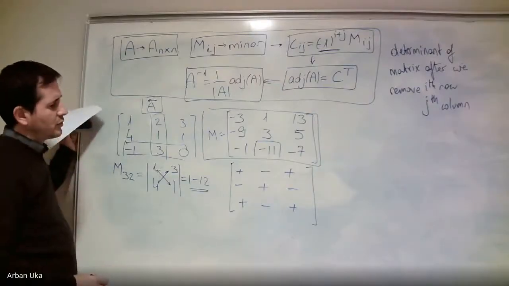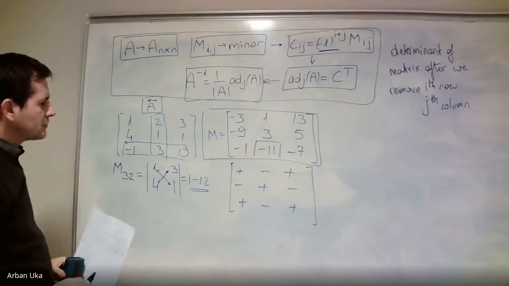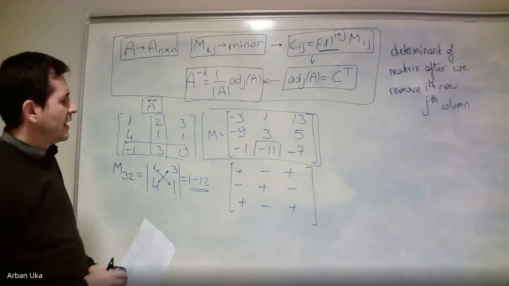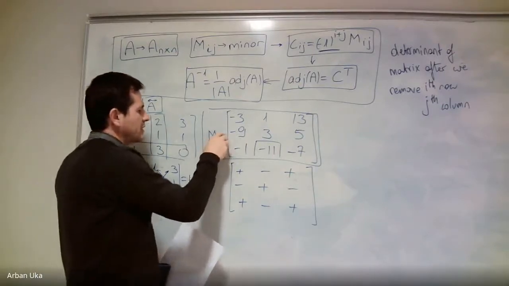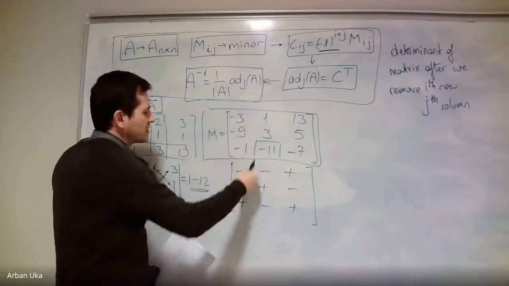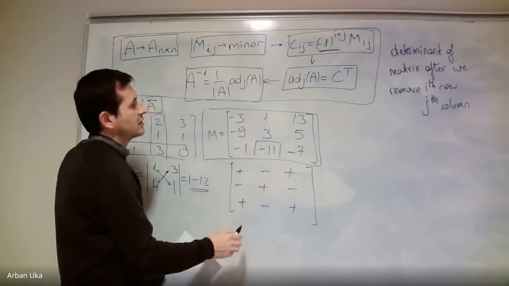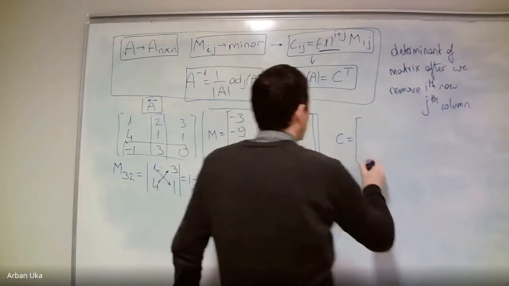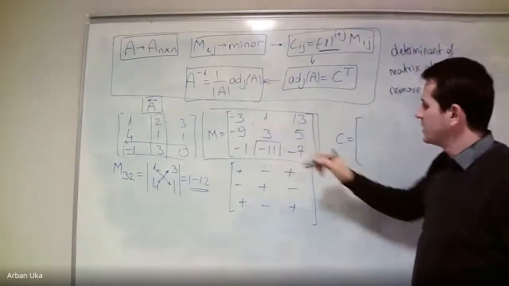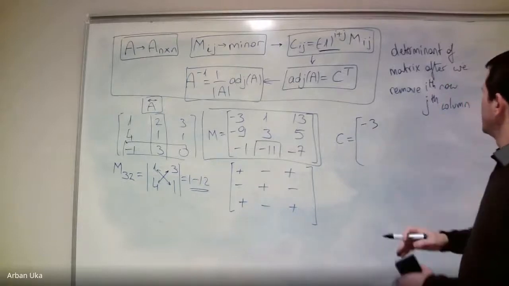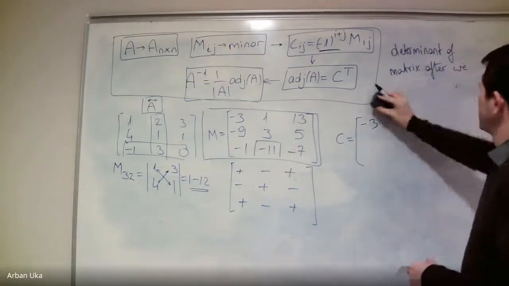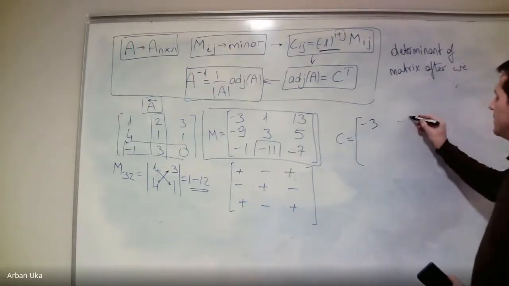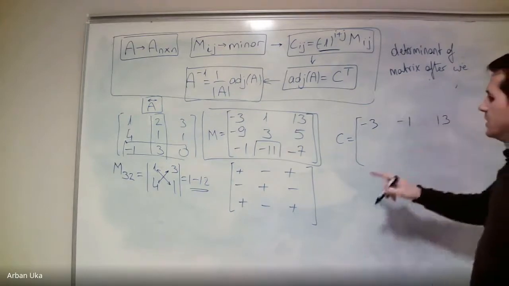Okay, so we go like this, and then from the minor matrix, we multiply all of these numbers with these factors, okay? So then we get the cofactor, which is going to be equal to, we get here minus 3, so let me take this out for a moment. This is minus 3, minus 1, 13.